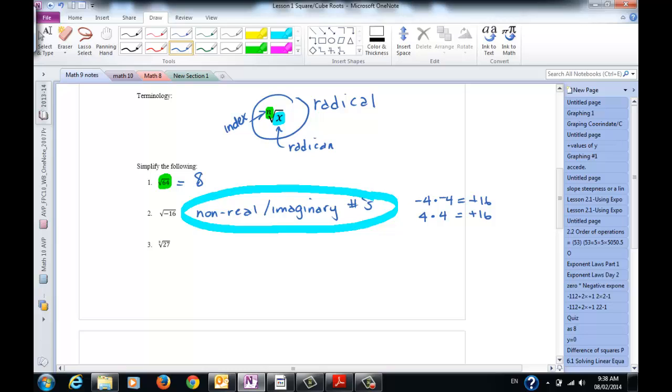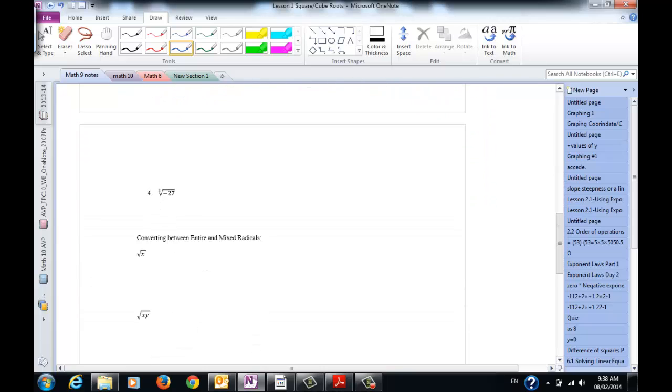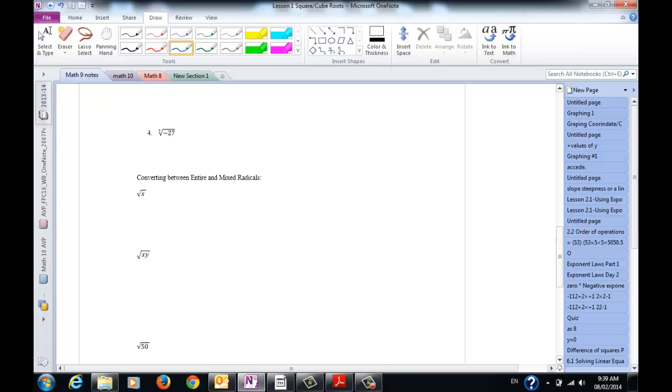Example number 3, we actually did this above, the cubed root of 27. What number multiplied by itself 3 times equals 27? We said that was 3. What about the cubed root of negative 27? Now we have a number multiplied by itself 3 times to equal a negative number. Think about negative 3 multiplied by negative 3 multiplied by negative 3.